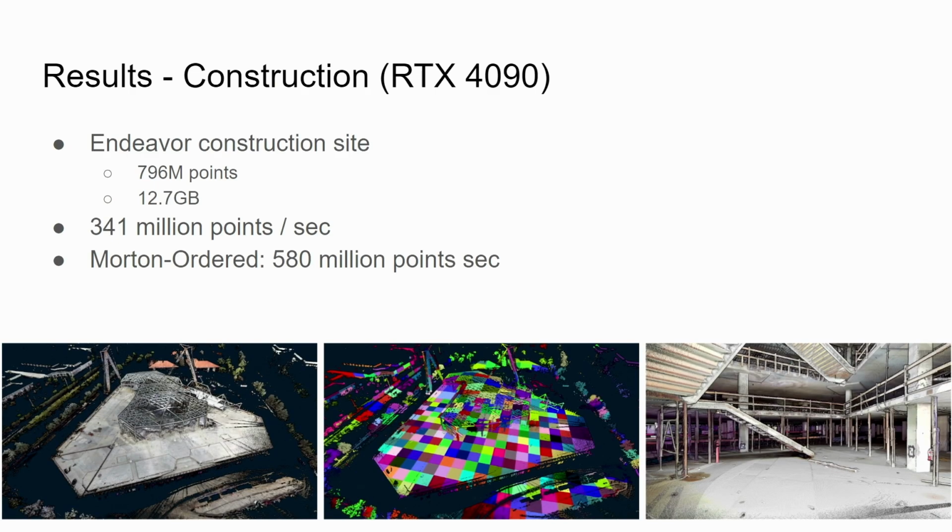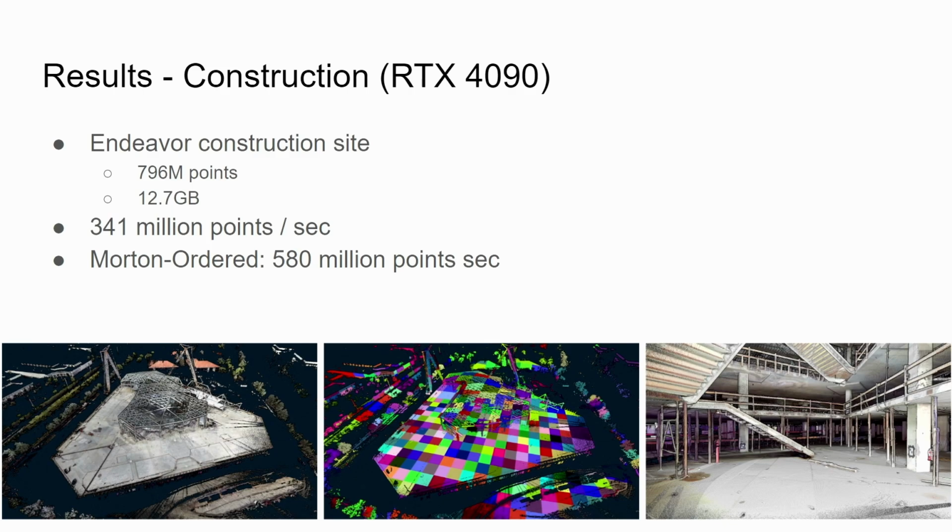So here is another scan. It's a very different scan. There's different point ordering, also a higher depth complexity because you have multiple floors here in this construction site. It's almost 800 million points, about 12.7 gigabytes. And with the original ordering, we can process this at a rate of 340 million points per second.